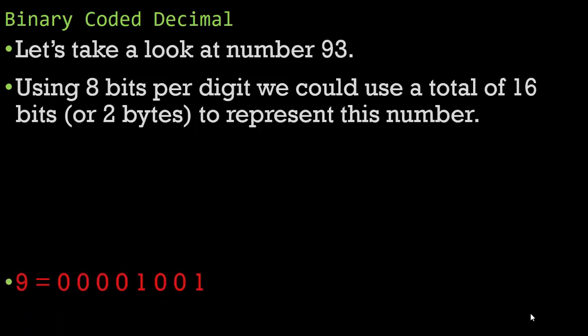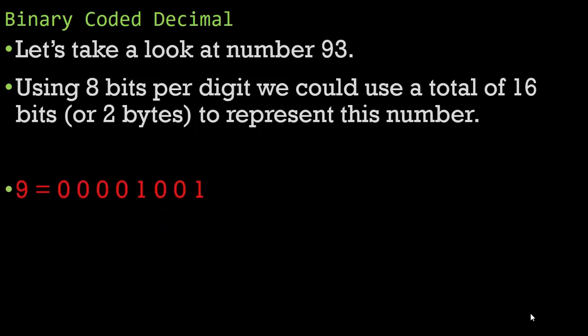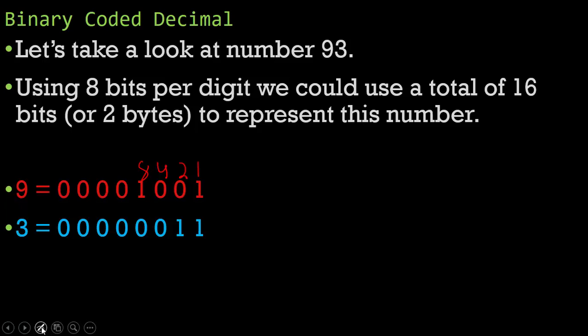So to represent the 9, this would be my binary number, 0, 0, 0, 0, 1, 0, 0, 1. And that is because here, 1, 2, 4, 8. 8 plus 1 is 9. The rest of these would be 0. To represent the 3, I need the 2 and the 1. I'm going to change mine to purple here.